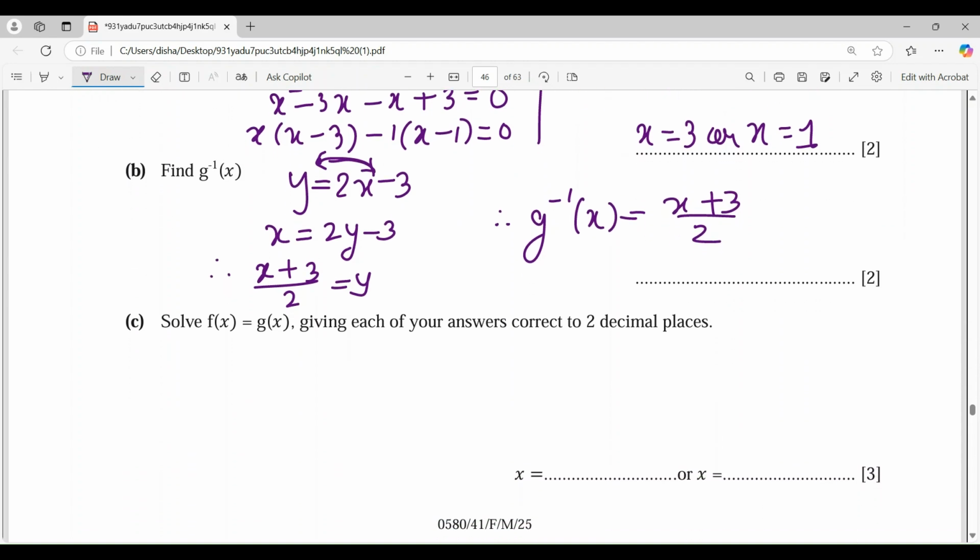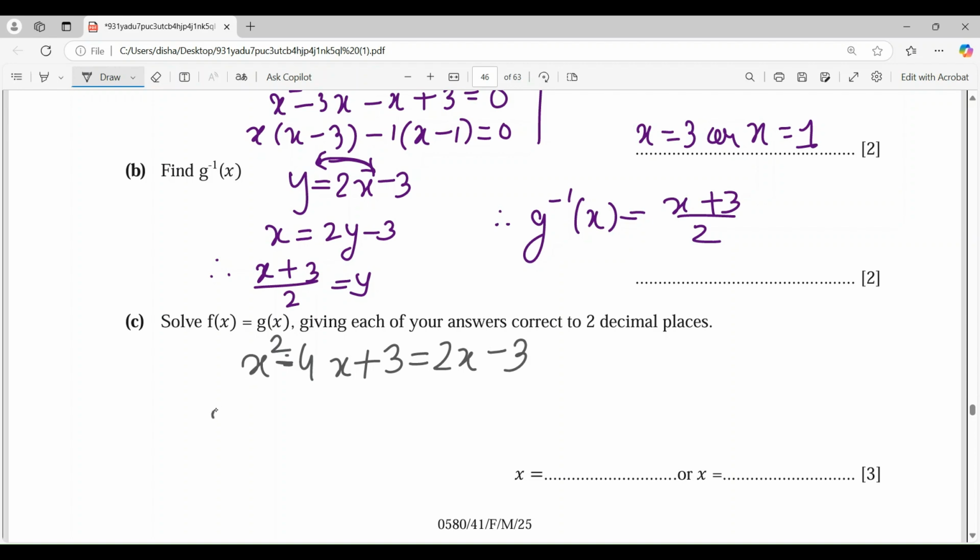Next, solve f of x equals to g of x, giving each of your answers correct to two decimal places. So you have to solve both of them. So we have x square minus 4x plus 3 is equals to 2x minus 3.